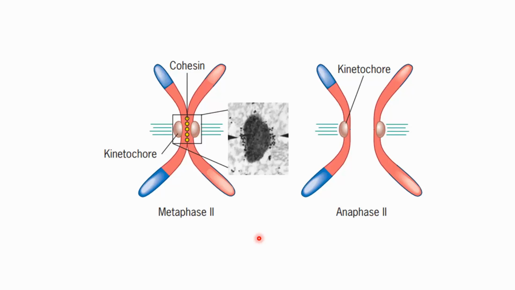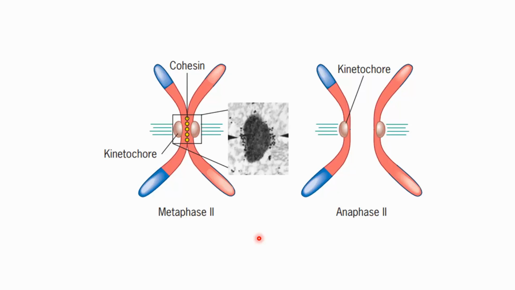So in the paternal chromosome or in the maternal chromosome, the pair of sister chromatids which remained attached during the earlier stage now gets arranged in a plane where these sister chromatids are ready to be separated from each other.